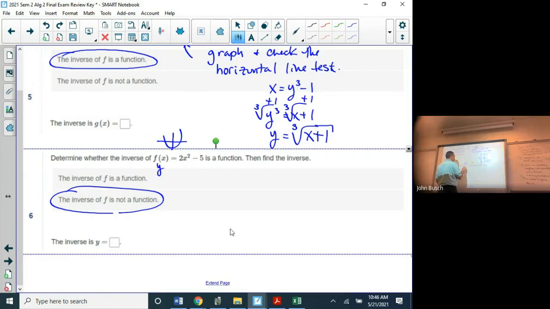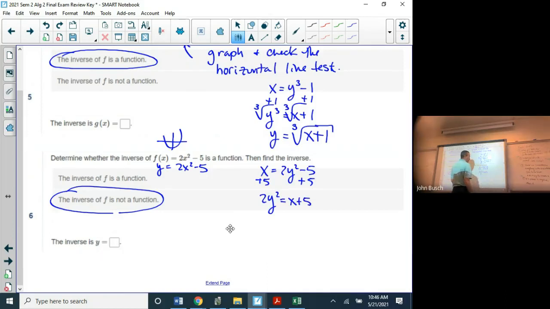This is y equals 2x squared minus 5. So the inverse is x equals 2y squared minus 5. Add 5. 2y squared is x plus 5. Divide by 2. y squared is x plus 5 divided by 2.